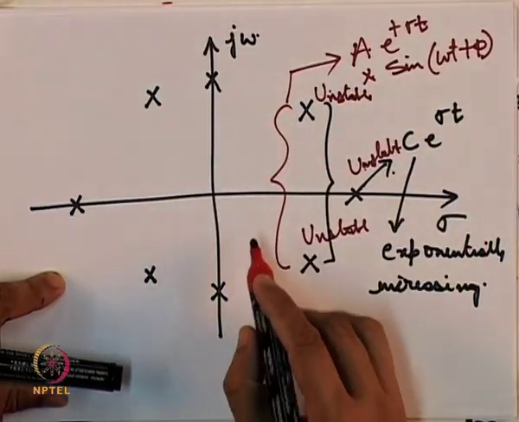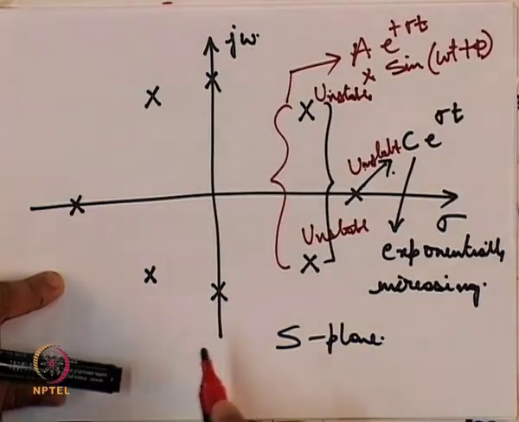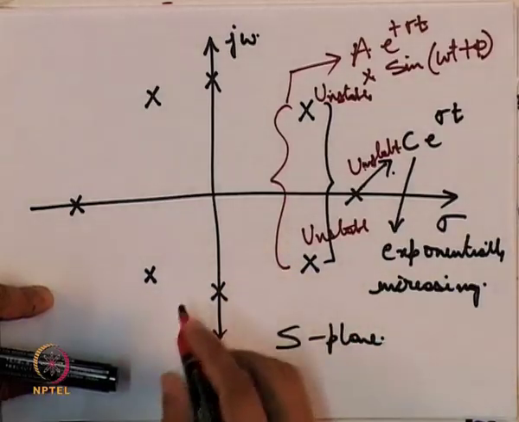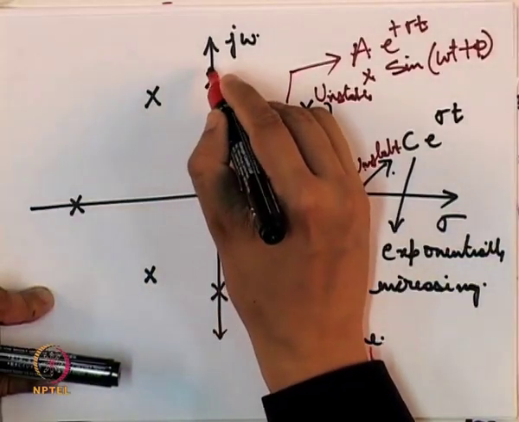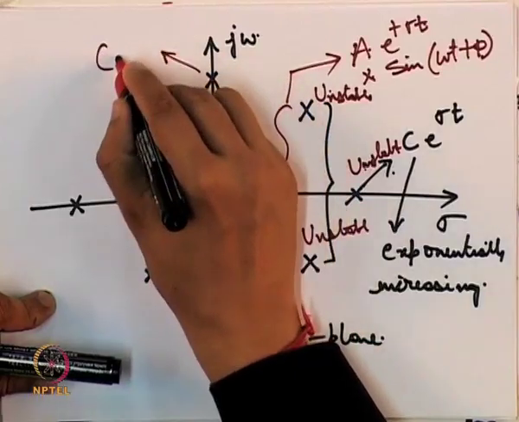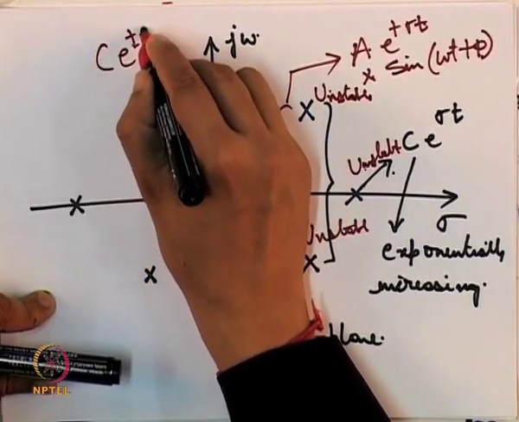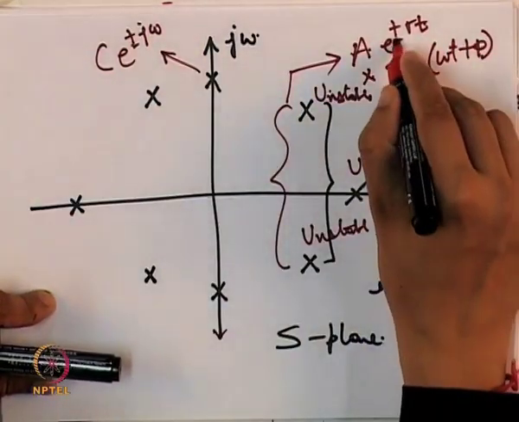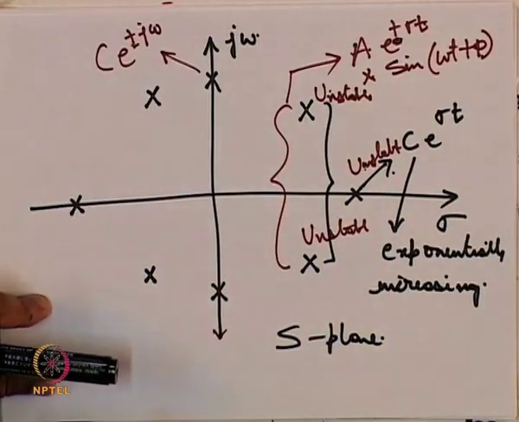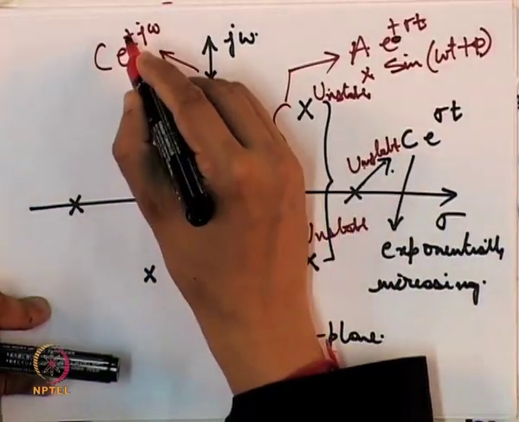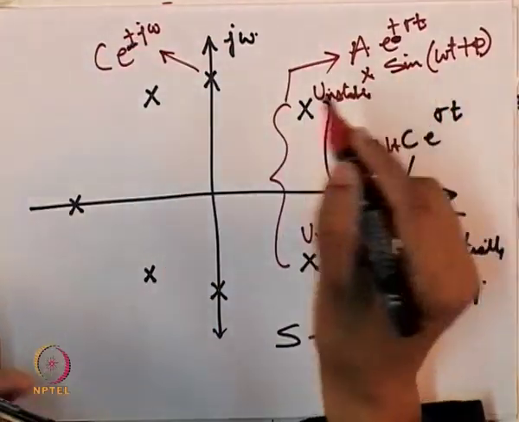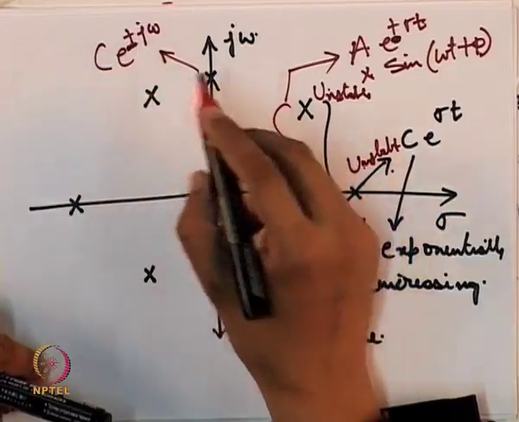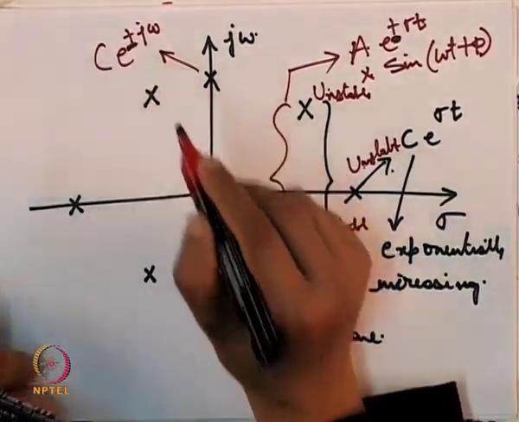What about the case when the poles are on the y axis? When they are on the y axis, the output will be something like this. This is plus only, not minus. So here, when the poles are on the y axis, the output will be C e raised to plus minus j omega t, plus and minus both.